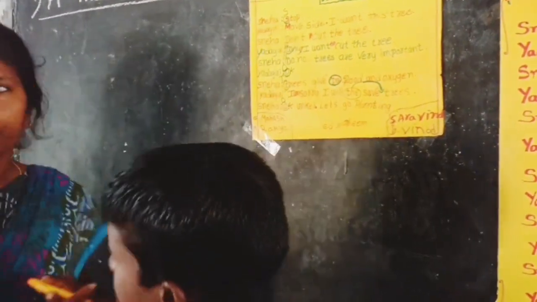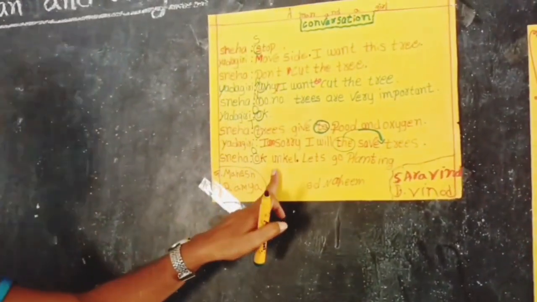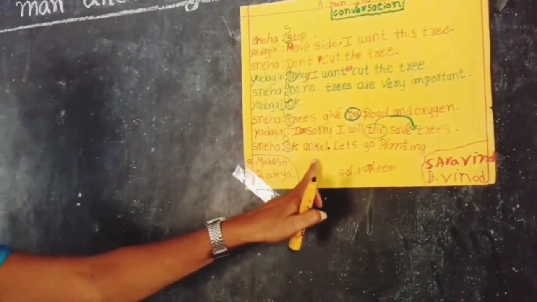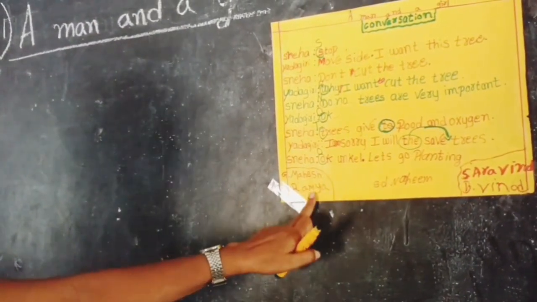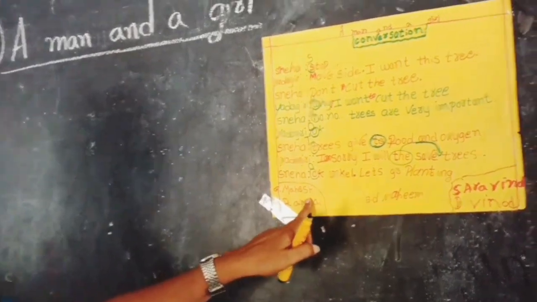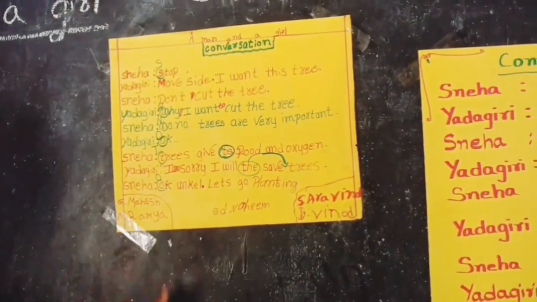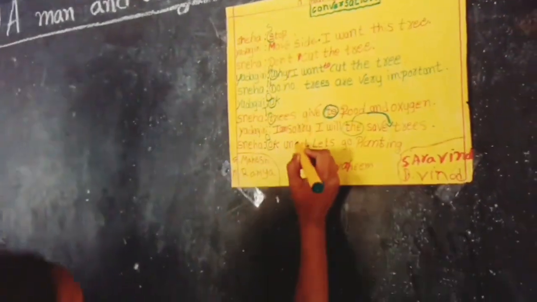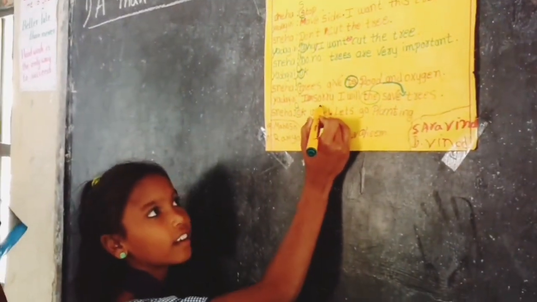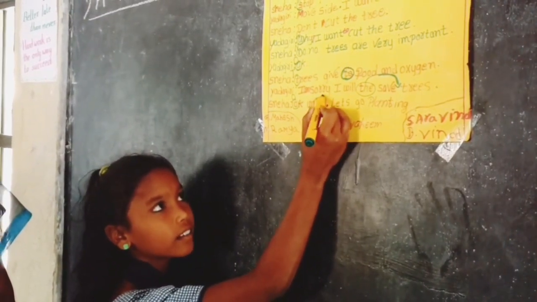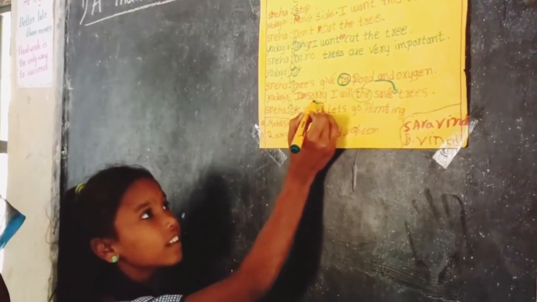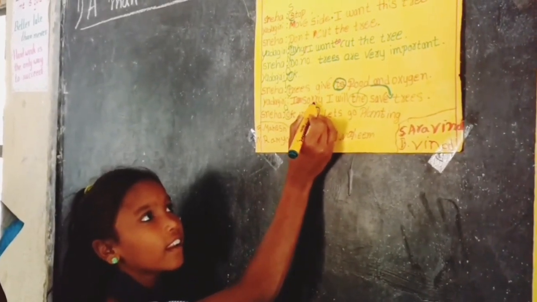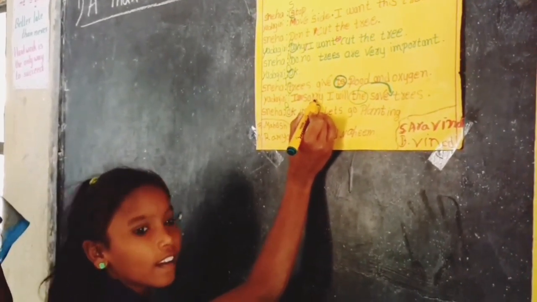Okay. Yeah. Now look at this spelling here. Uncle. Do you think this is okay or do you want to make changes to the spelling of uncle? Yes. What changes do you want to make? Come. Help her if she is correct or wrong. Come on, help her.